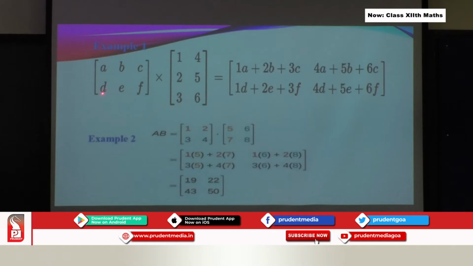So it is 4D, right? Then you get 5E, then you get 6F, and you are adding it all. Okay, so this is how you get the entries. Let us look at the numbers here. Look at this, A into B. By the way, both are square matrices.